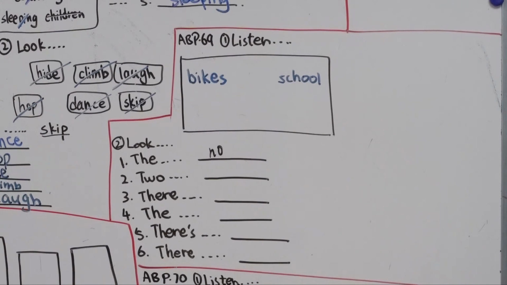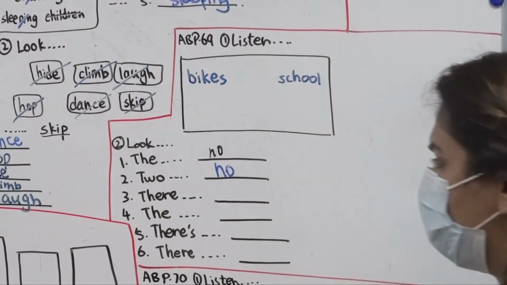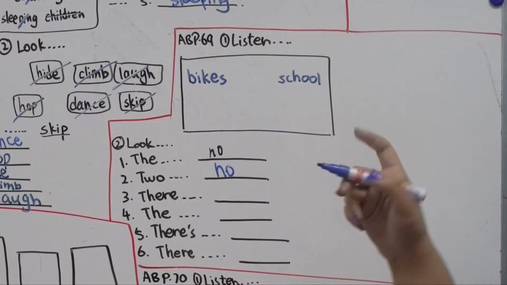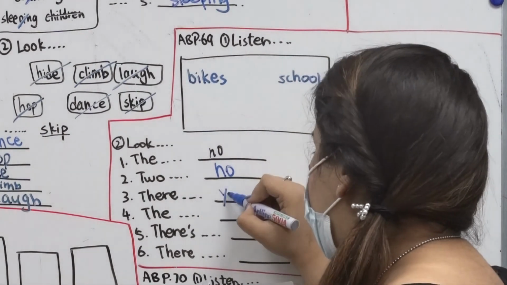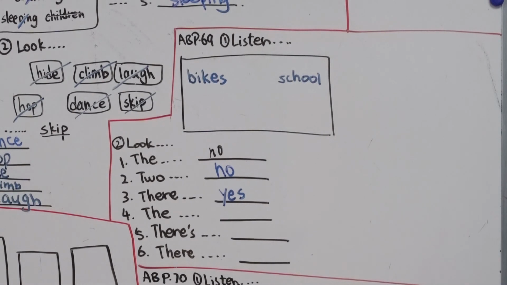Can you see 2 children playing football? No. So you have to write no. And then 3. There are 3 bikes outside the school. Yes, as you can see. 4 to 6 you read and then you do it. Then we will check the answers together.